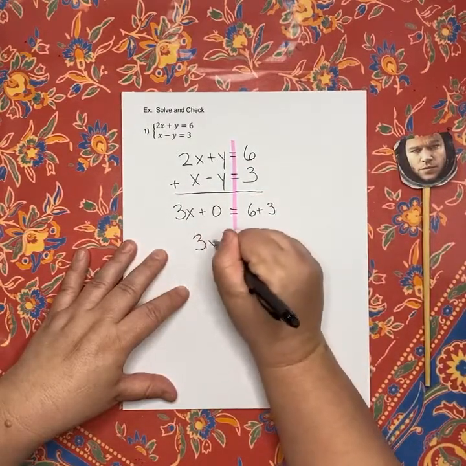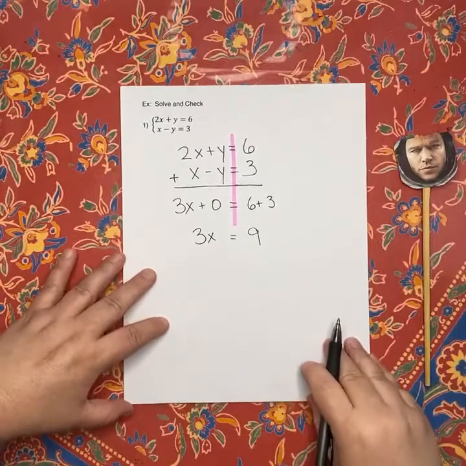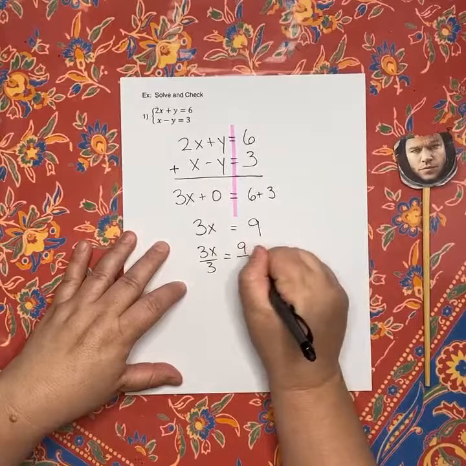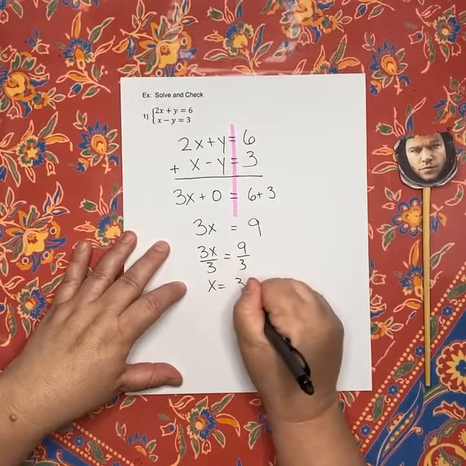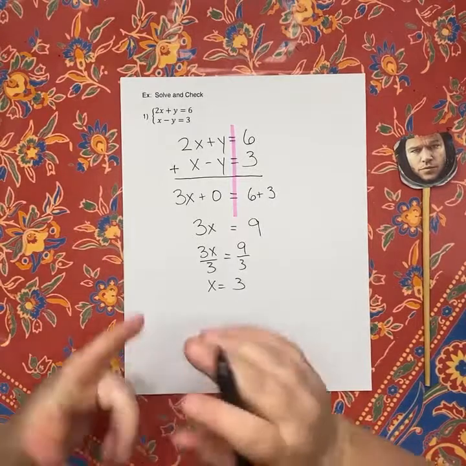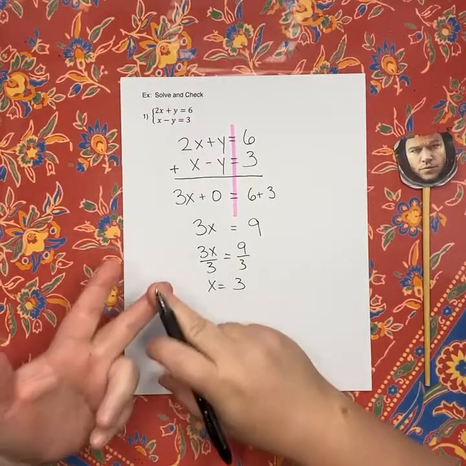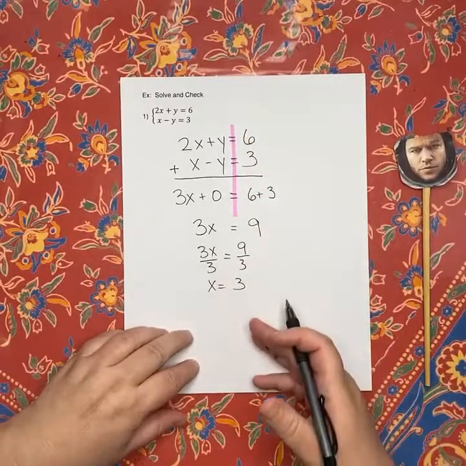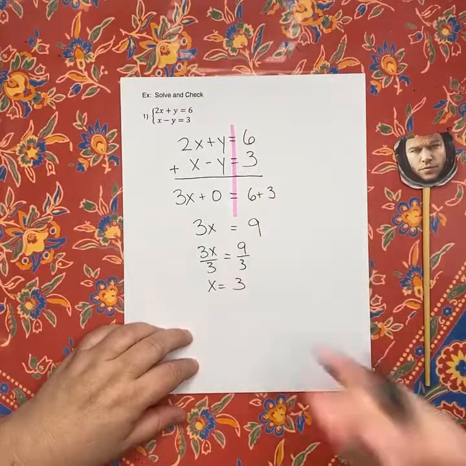So I've got 3x equals 9, or x equals 3. Notice that instead of solving for one variable, substituting it in, and solving that, no muss, no fuss, bing, bang, boom, and I've got x.